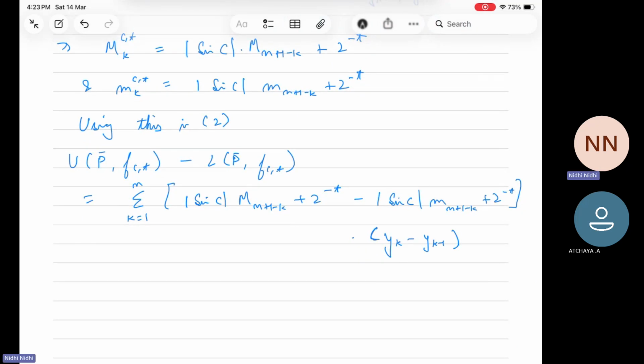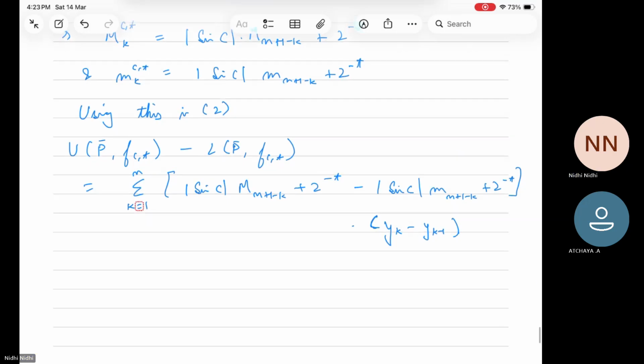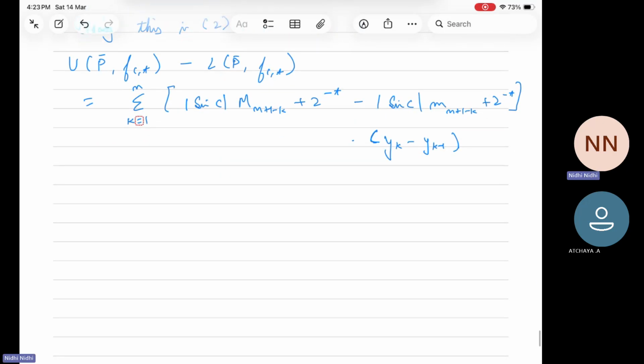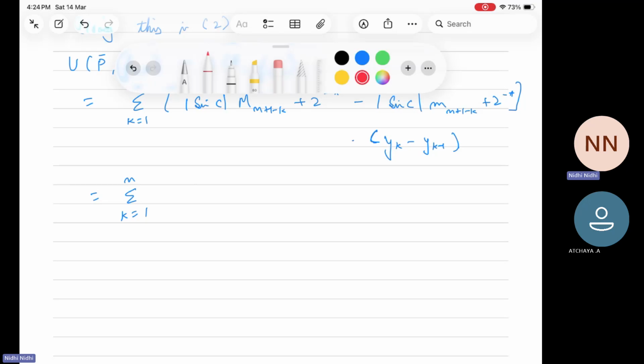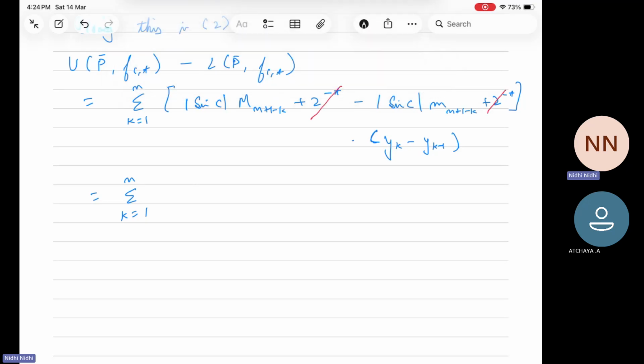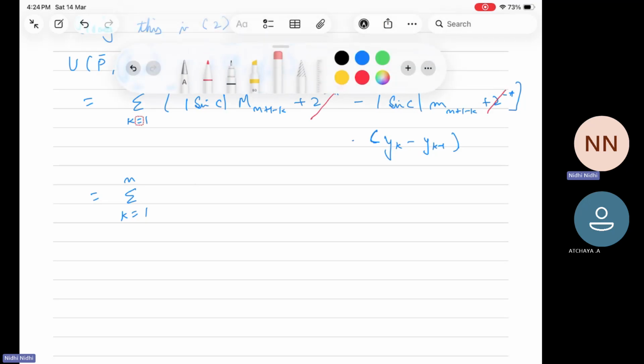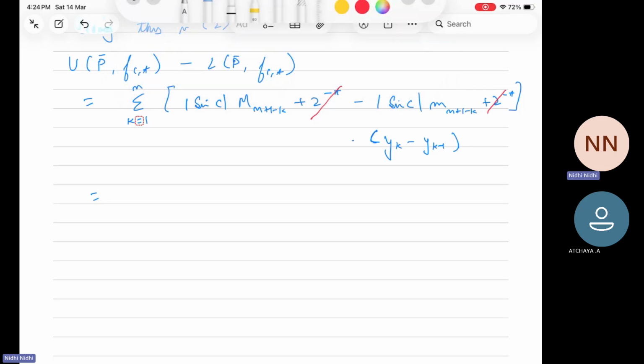I'll replace this y_k minus 1 also. So this is equal to summation k from 1 to n. This will get cancelled out, and we can take this |sin c| to be outside the sum.